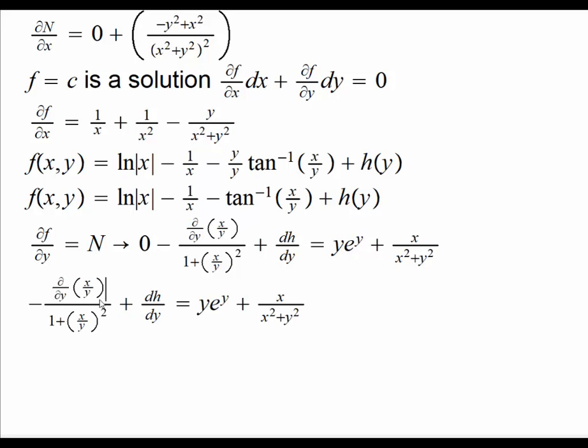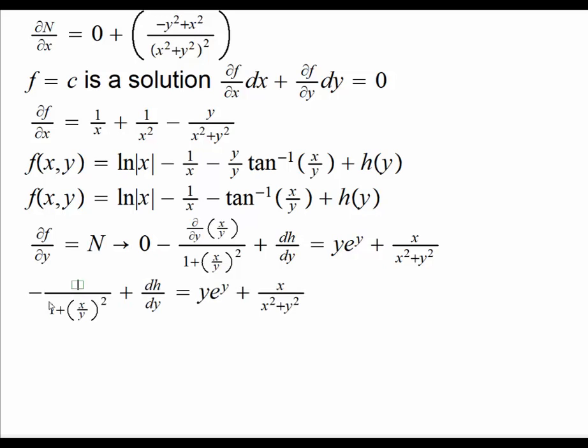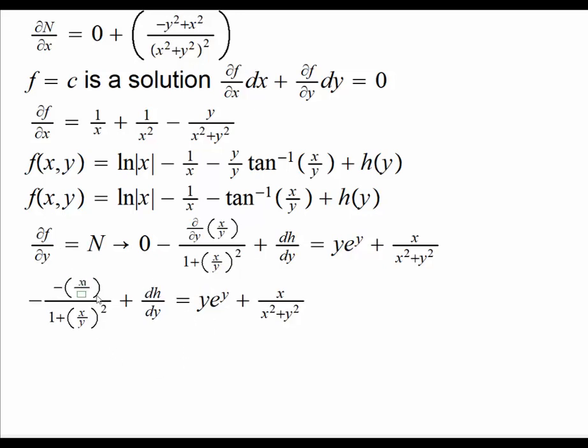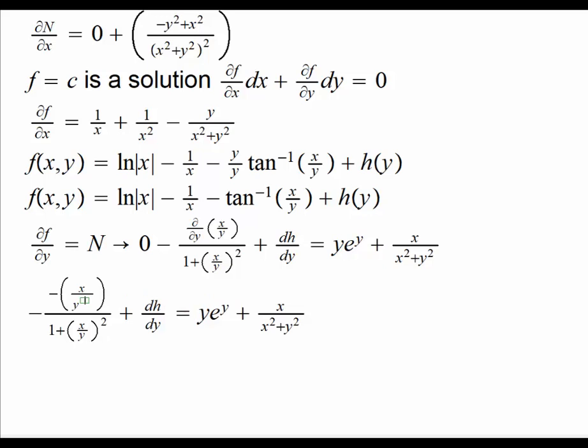So this is like a constant over y, so this derivative would be negative x over y squared. So that's what this would be. And then let's go one more step. On the bottom I'll have x squared plus y squared. This negative will become positive.